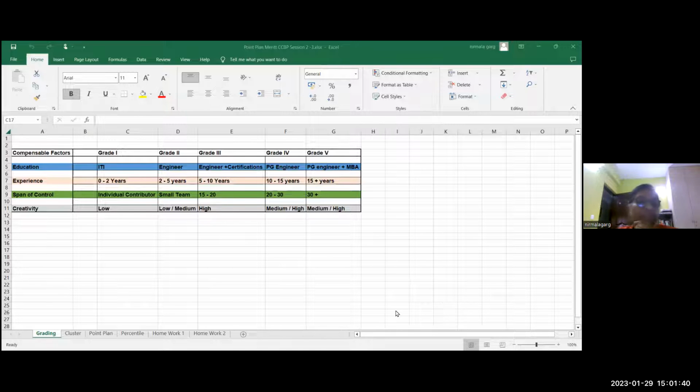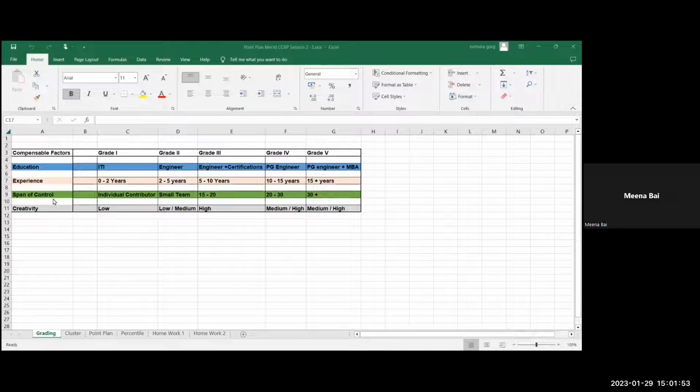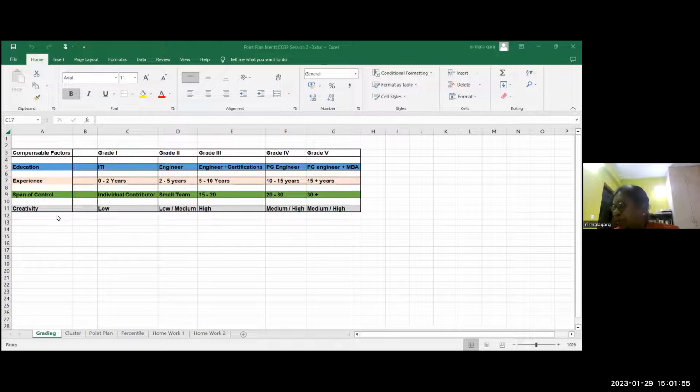Step 1, identify compensable factors. I've identified 4 compensable factors here: education, experience, span of control, creativity, just for simplicity. In the exercise you will be given, I want you to identify 4 compensable factors.